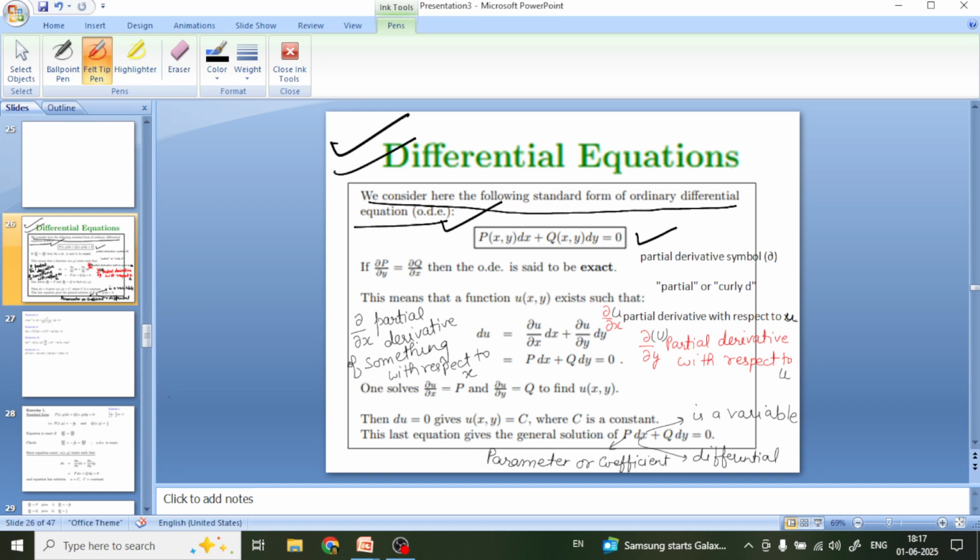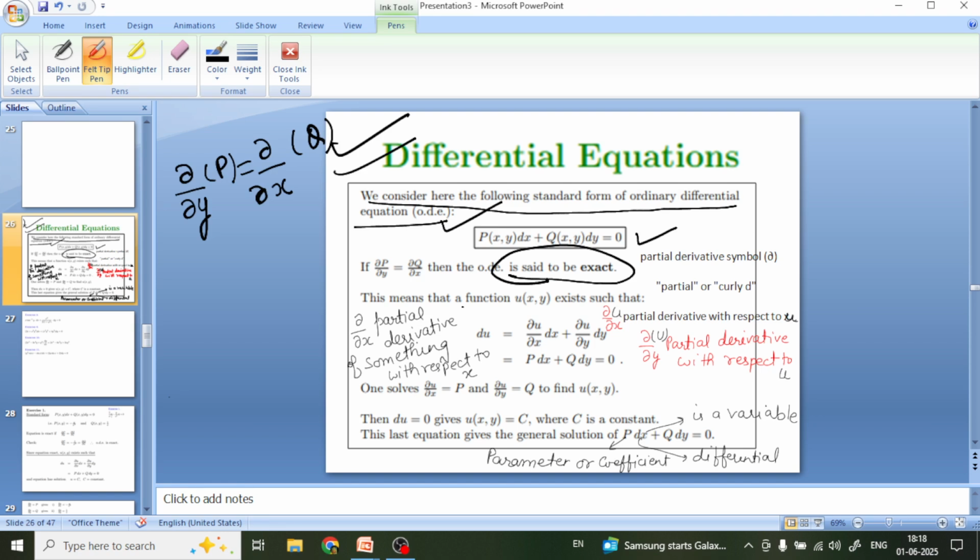If the partial derivative with respect to y of P is equal to the partial derivative with respect to x of Q, both are equal, then we can say that the differential equation is an exact differential equation.